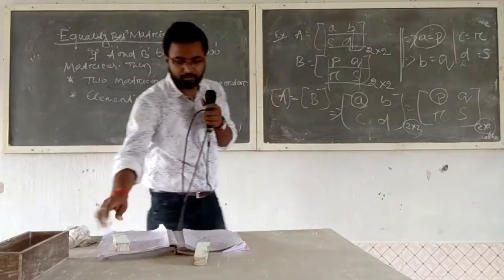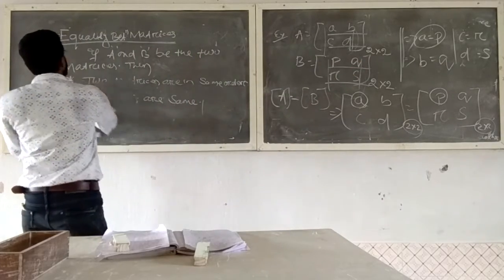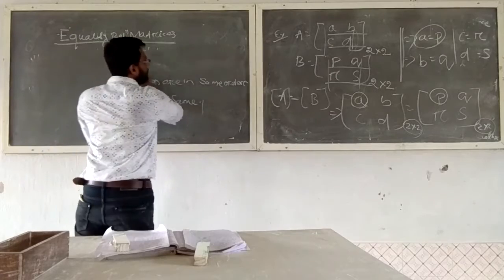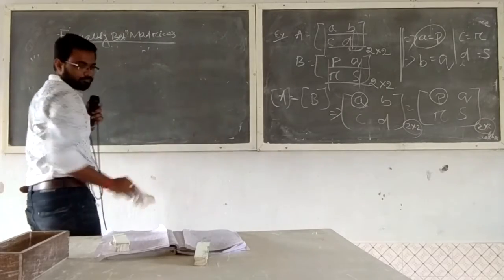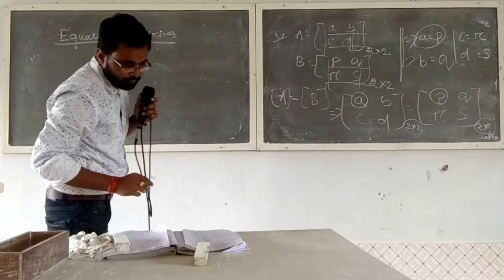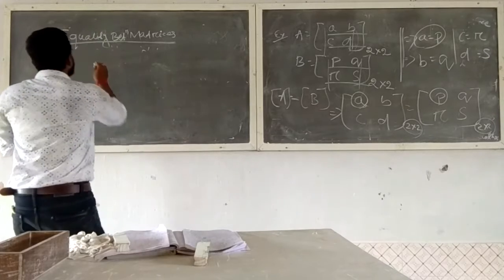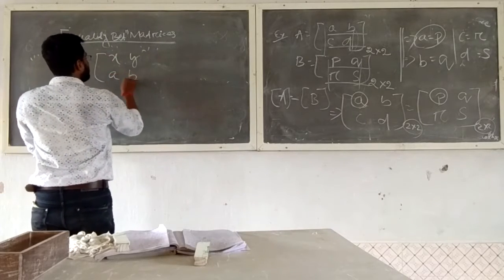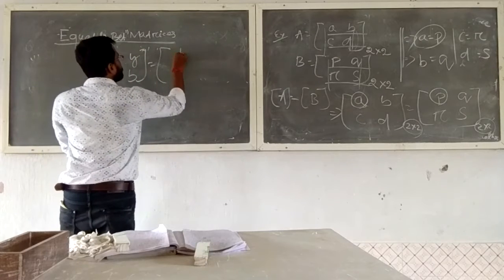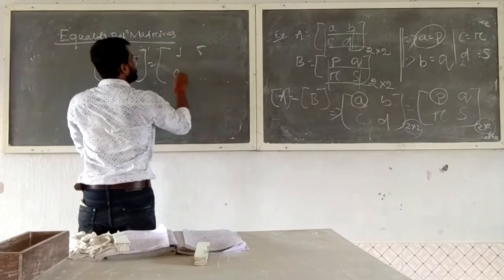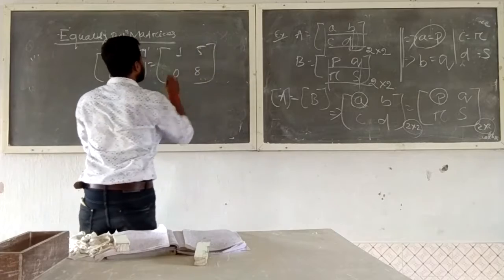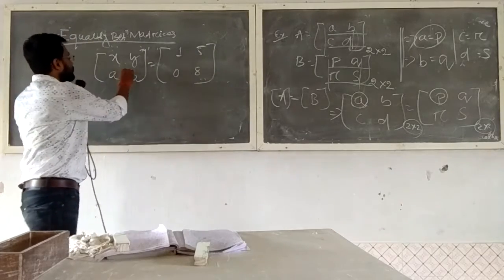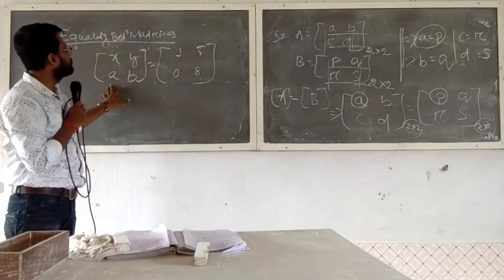Here is another example of matrix equality between two matrices: X, Y, A, B is equal to 1, 5, 0, 8. This is a matrix of order 2 by 2.